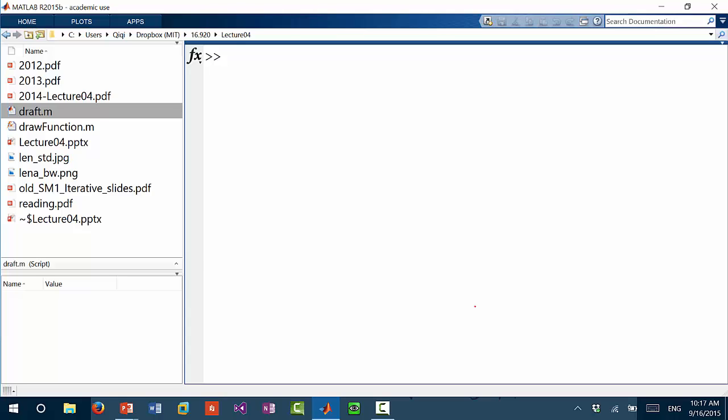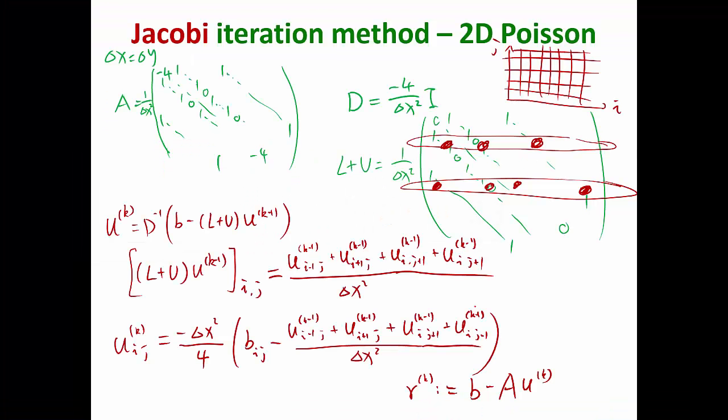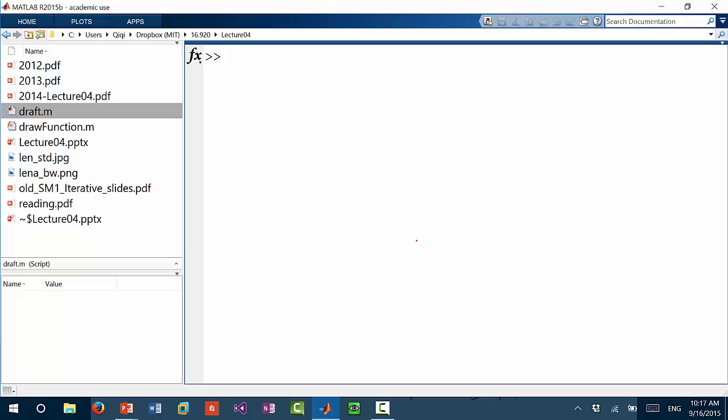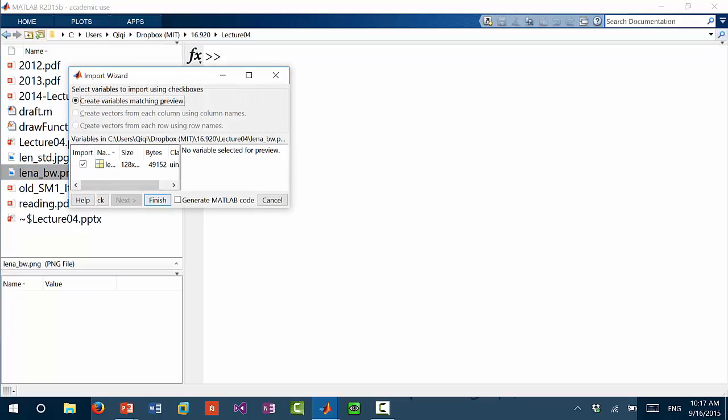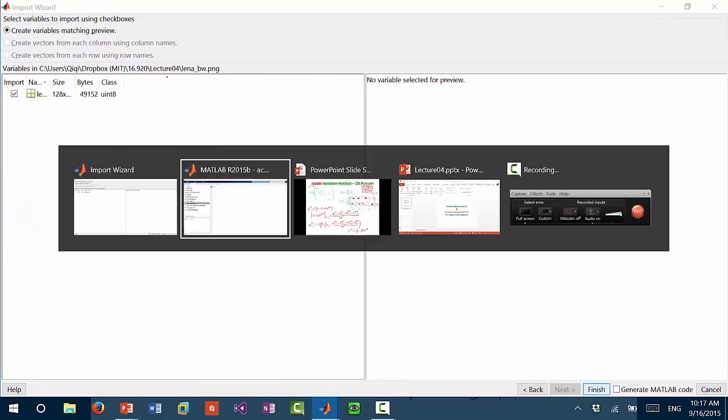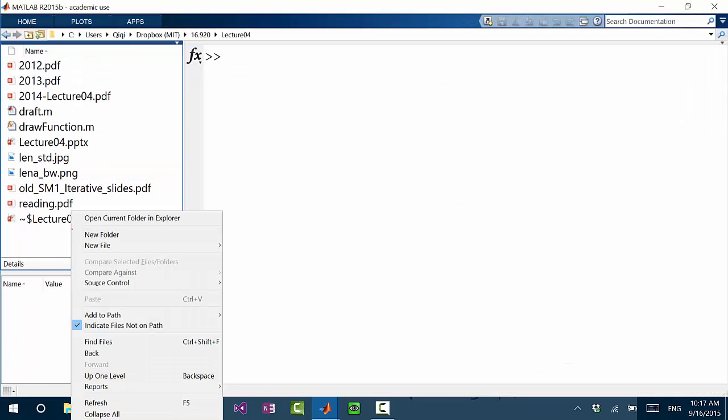All right. So I'm going to demonstrate how to do a Jacobi iteration method in 2D, and let's take a look at the process. So what I'm going to do is use an image. Let me first show you what the image is.